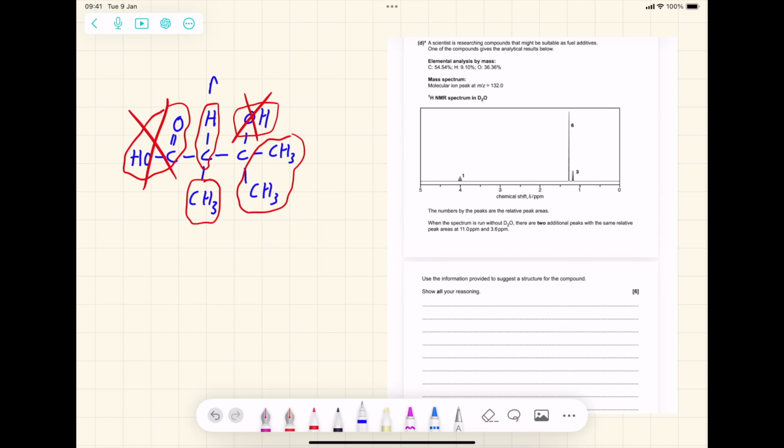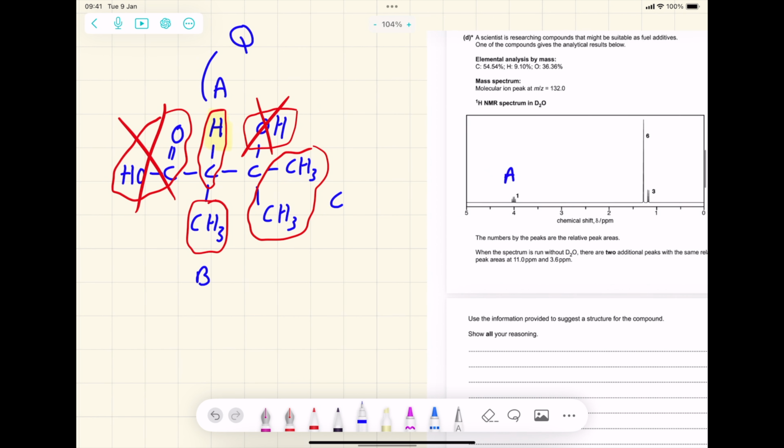Let's just call them A, B, C. So A is going to be the quartet because it is opposite a CH3. So 3 plus 1 makes 4, which is a quartet. And it's going to have an integration of 1 because there's just one hydrogen in that environment. So therefore A must be that environment there.